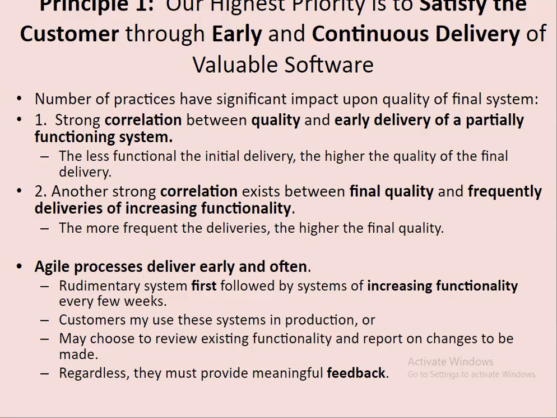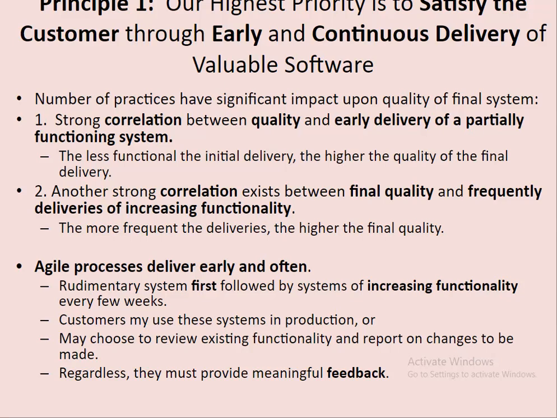What is more valuable to the customer is not the documents, it's how the software works. Valuable software, early and continuous: if you have decided to go with a sprint cycle of 4 weeks, after every 4 weeks you are delivering a valuable module of the software to the customer, right?